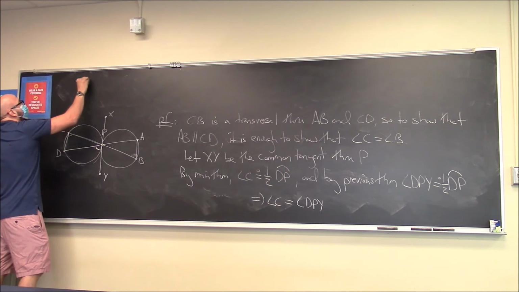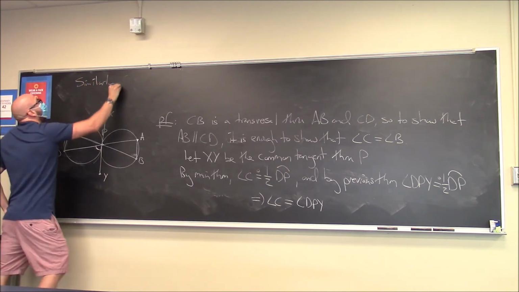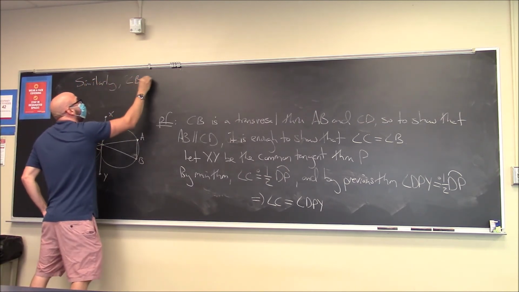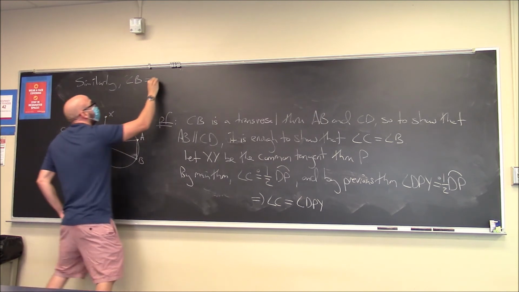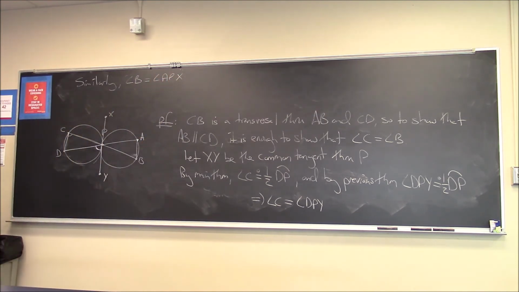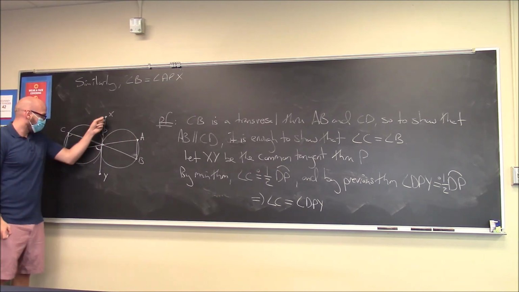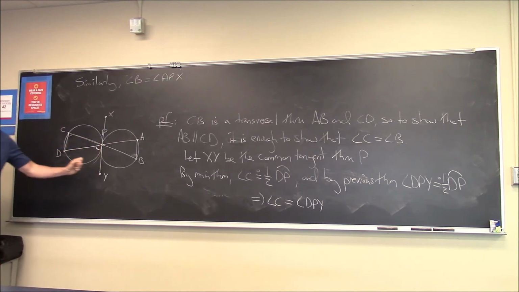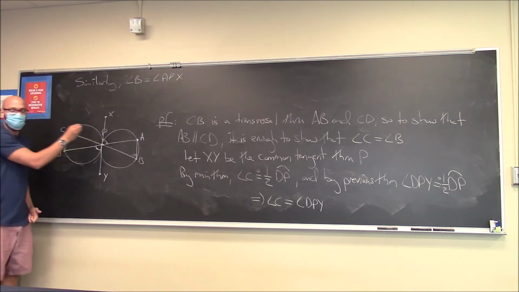So similarly, angle B is equal to angle APX. So the last observation is, how do these relate? How does APX relate to DPY? They're vertical angles, so these angles must be the same.